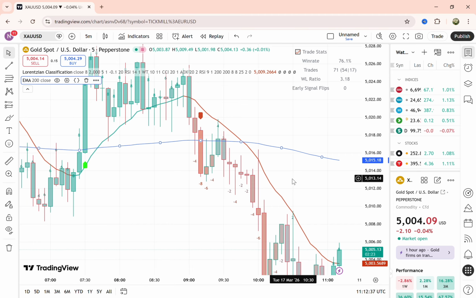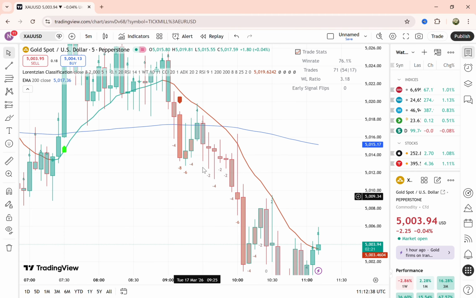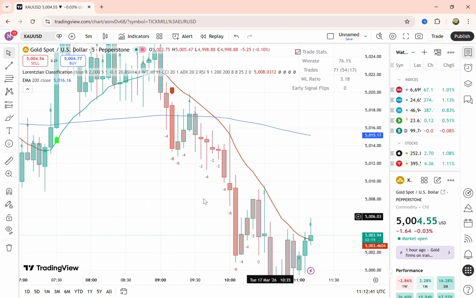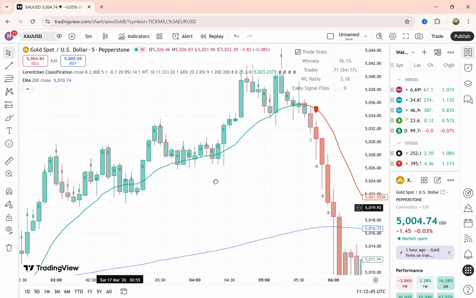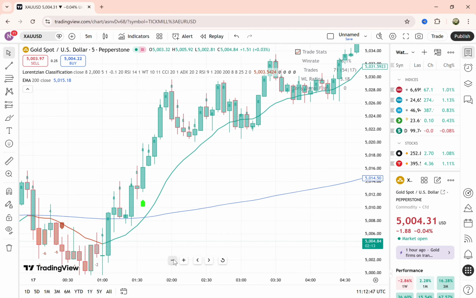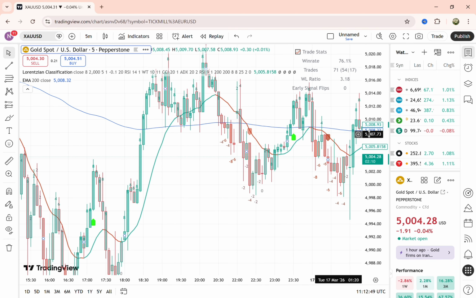And also when these two lines cross each other, and after that you have bearish candles, you can open a sell position.